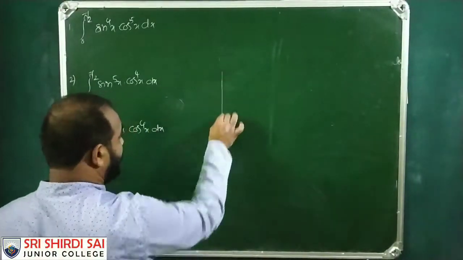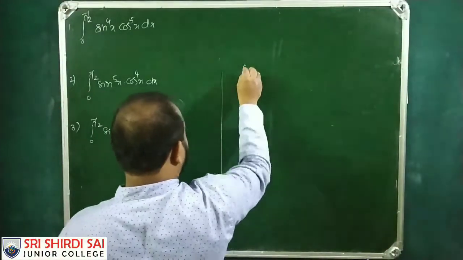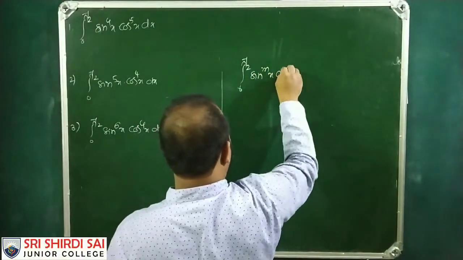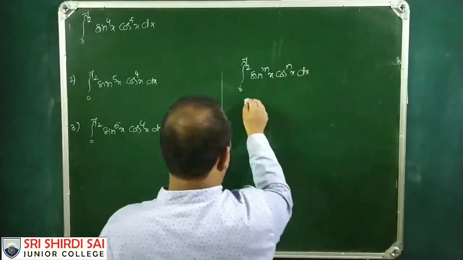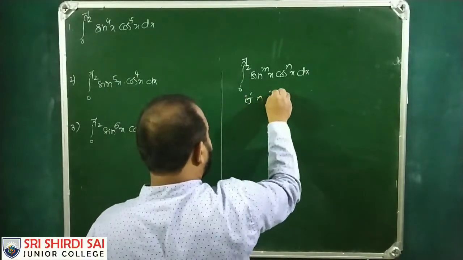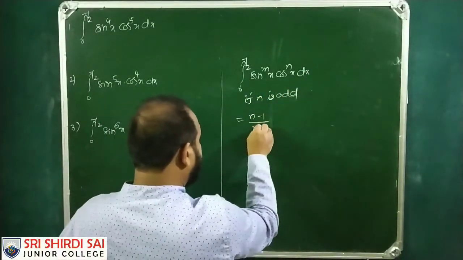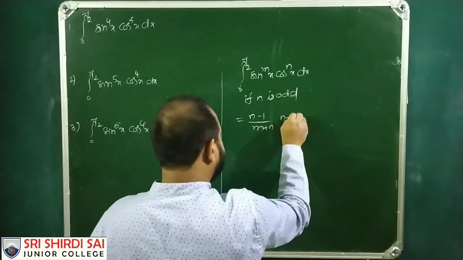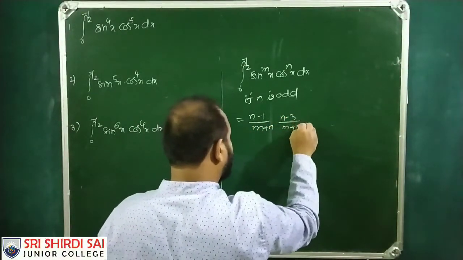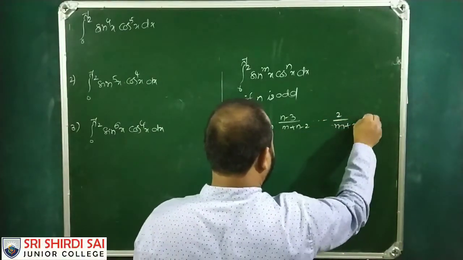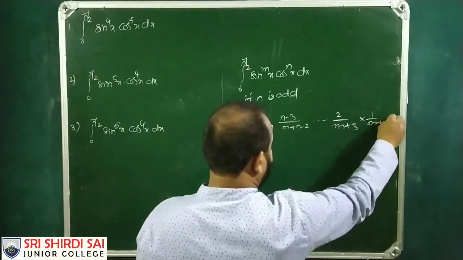So this is based on the integral 0 to pi by 2 sin power m x into cos power n x dx. If n is odd, this is equals to n minus 1 by m plus n, n minus 3 by m plus n minus 2, etc., 2 by m plus 3 into 1 by m plus 1.